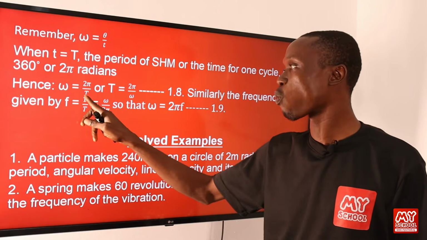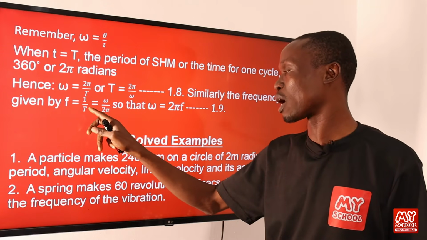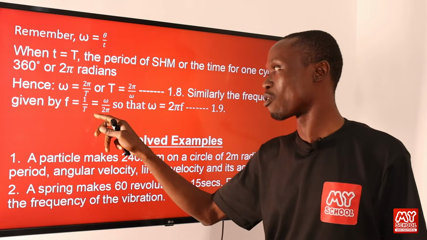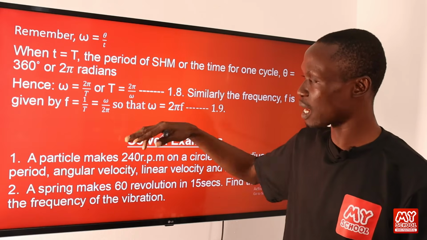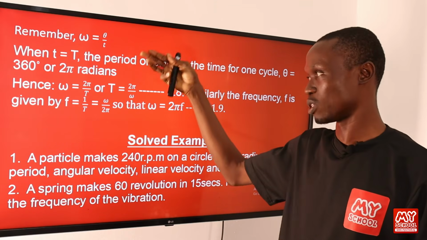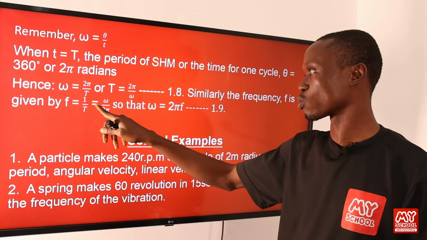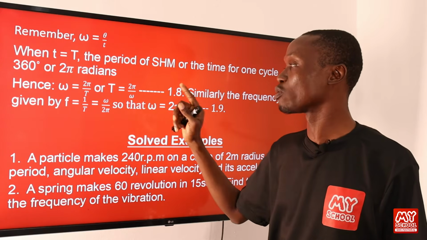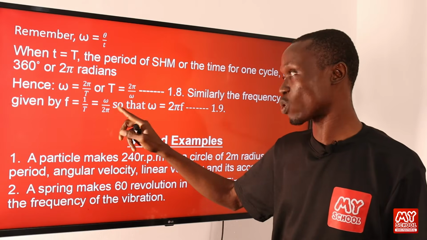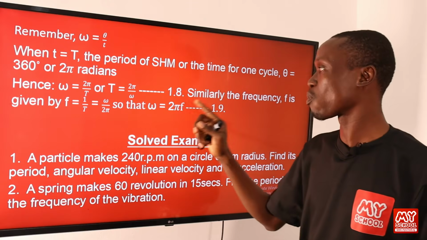So we'll have 1 over 2 pi all over omega. Since we have two steps of fraction, the last term in the fraction will move to the top, so that our frequency is now equal to omega all over 2 pi. So these are the other formulas that we can use to calculate period and frequency of a simple harmonic motion.